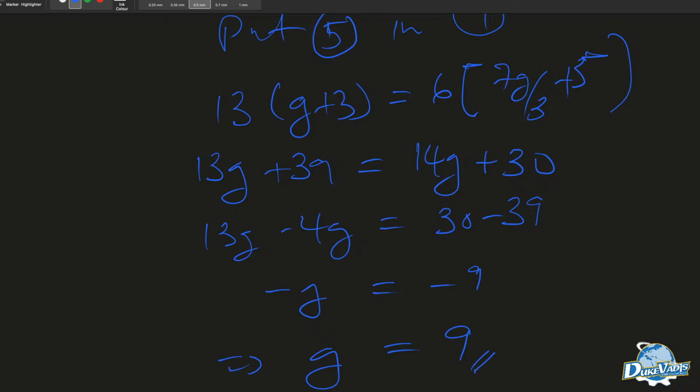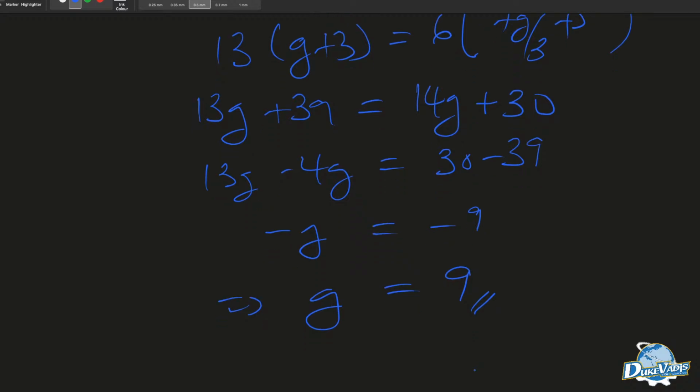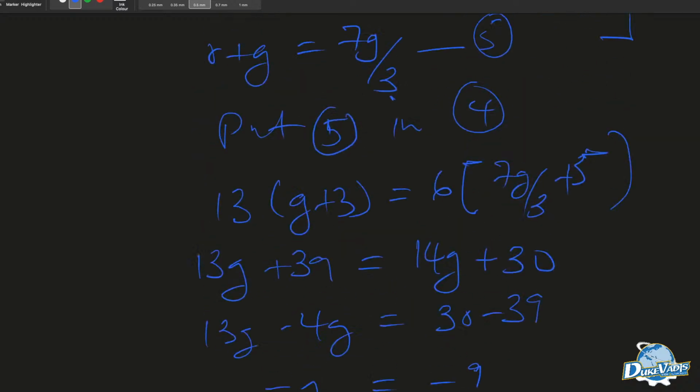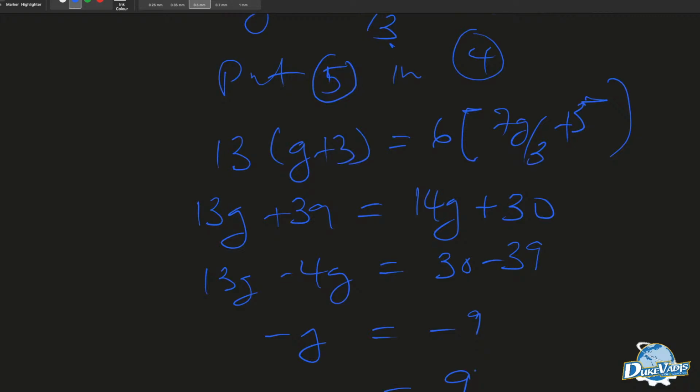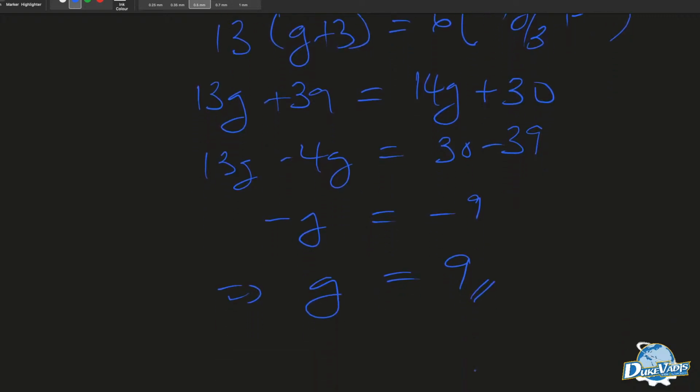So we are able to find that. We can also use the same approach to find the red. When we substitute 9 back into equation 3, we say that 7 times 9 all over 3 is equal to R plus 9.